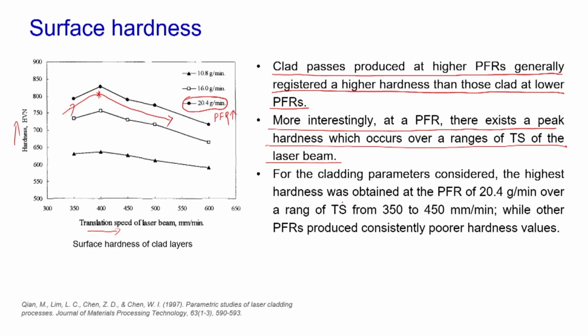This is achieved at a range of about 350 to 450 per minute for the translation speed, and for the higher value of PFR, that is about 20.4. For 20.4 and between 350 and 400, the maximum hardness was achieved.